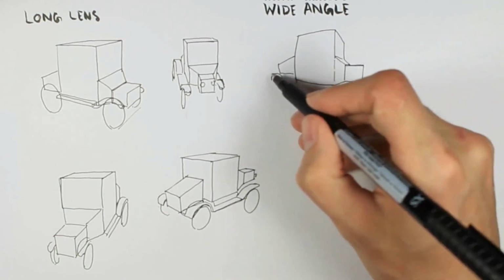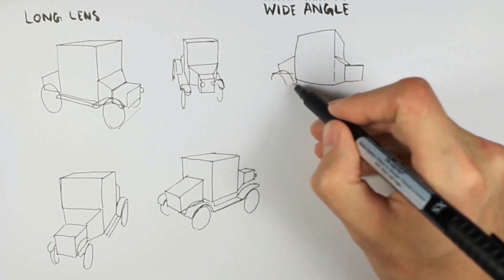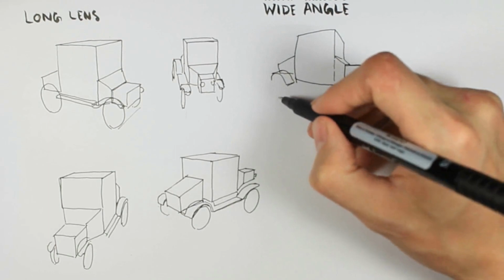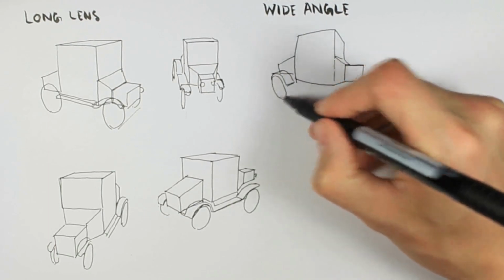The further away from the horizon line we move, the more and more curved these horizontal lines are going to be. So you see as we move further away, those horizontal lines get more and more curved.